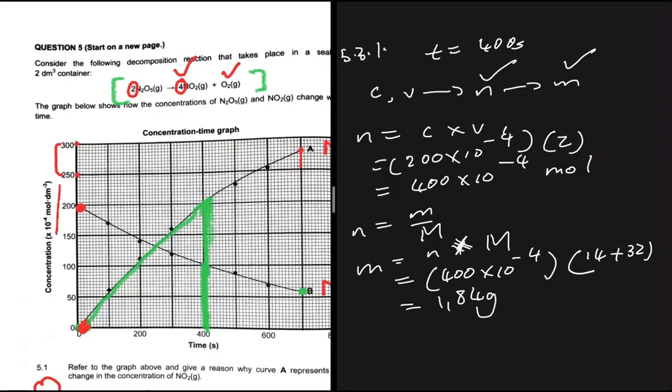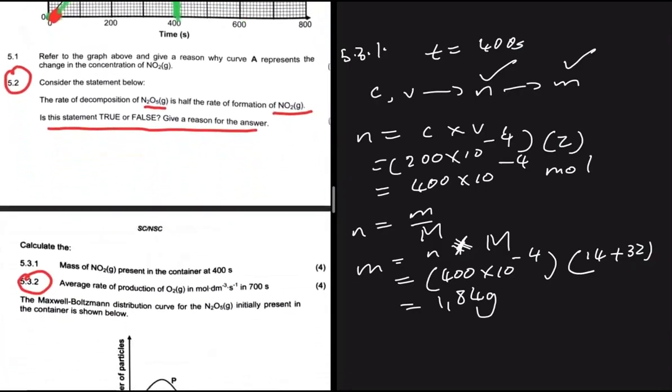So that is the mass we have at equilibrium. Right. Let's move to the following question.